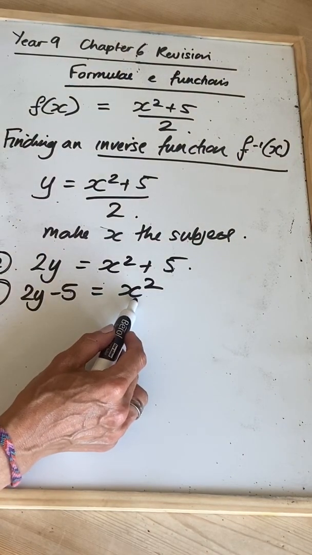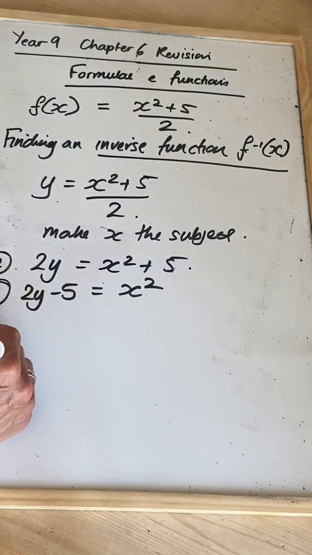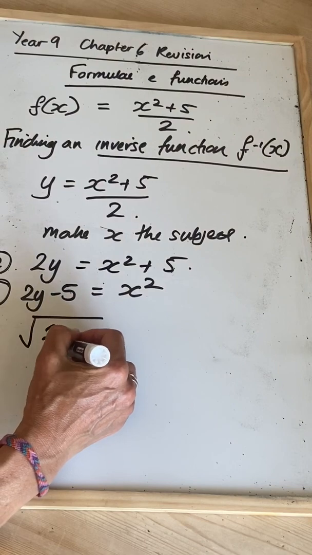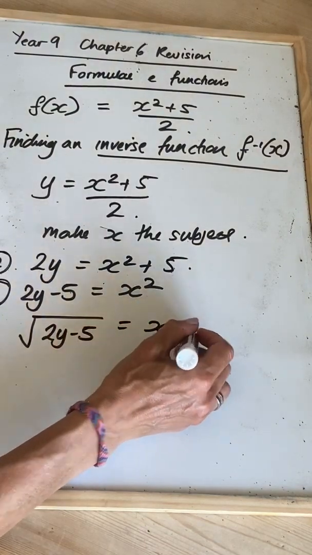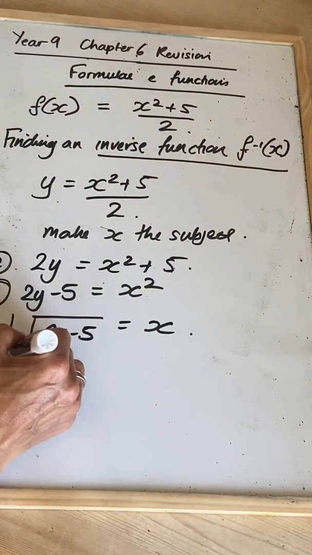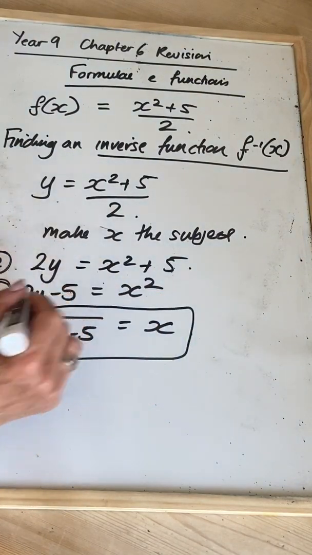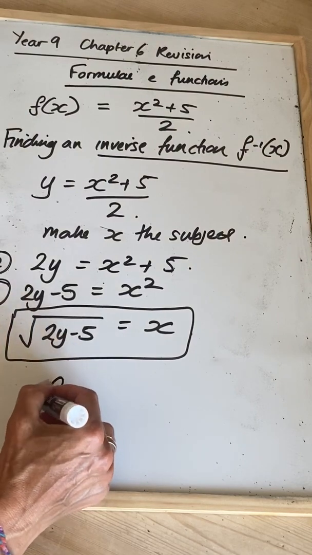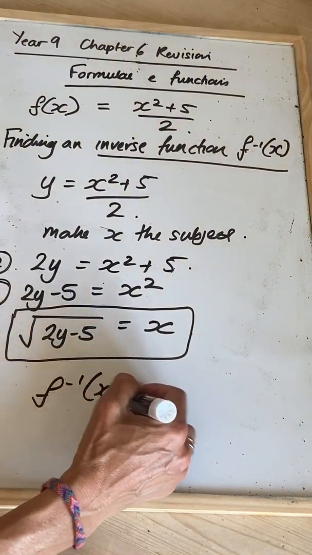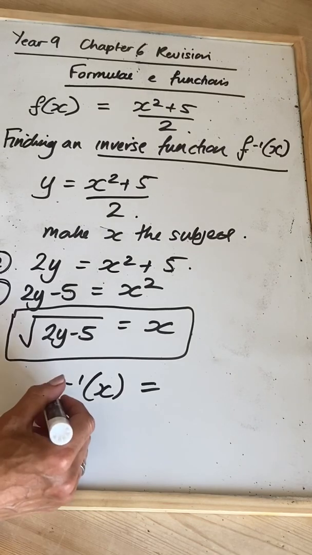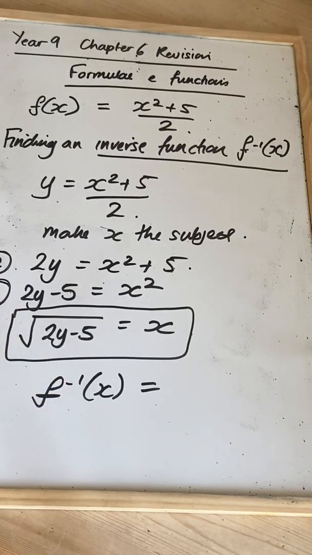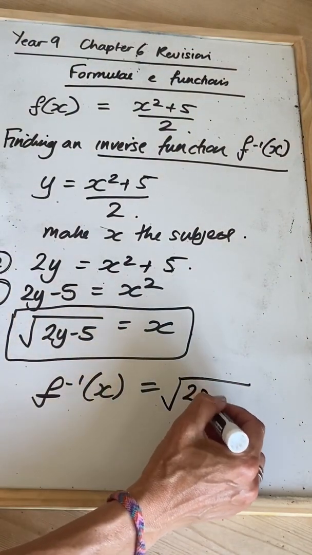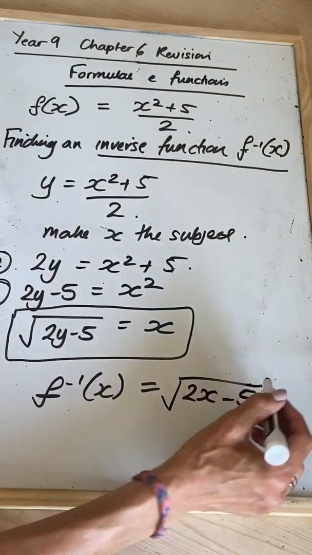The last thing we need to do in order to get x on its own is to square root both sides. So square root 2y minus 5, and you will get x. That was the final step of your workings to find your inverse function. What you now do is you write f to the -1 of x, your inverse function, is equal to, and you must write this as your final stage, the square root of, now wherever there's a y in here, you just put an x, 2x minus 5.